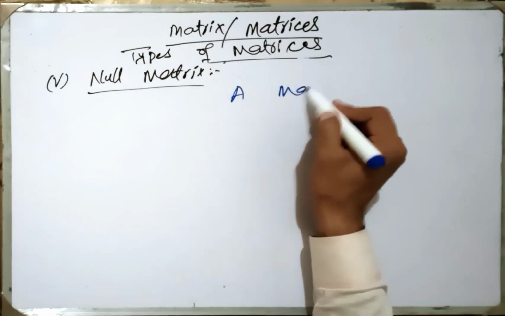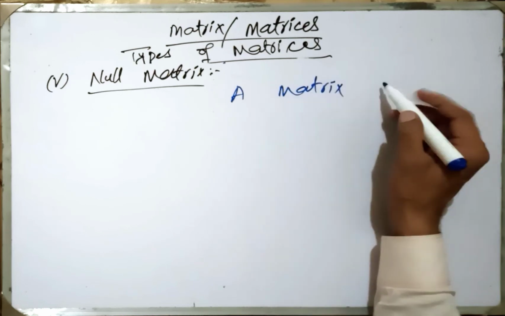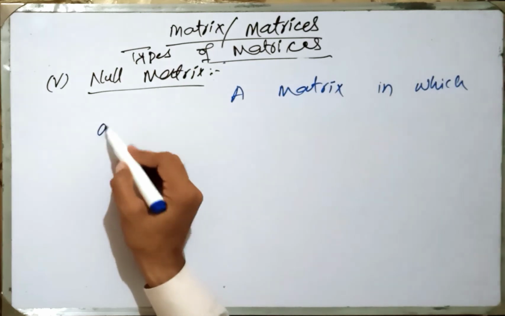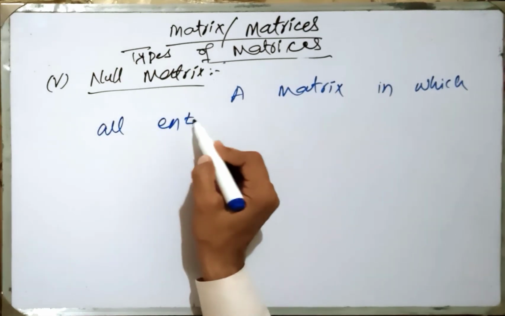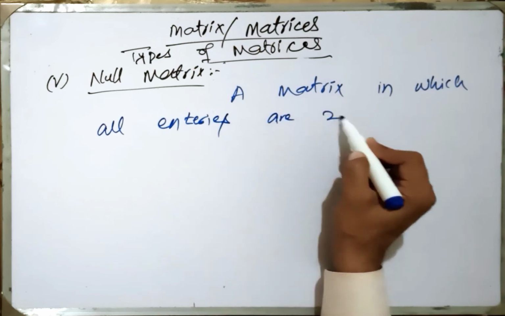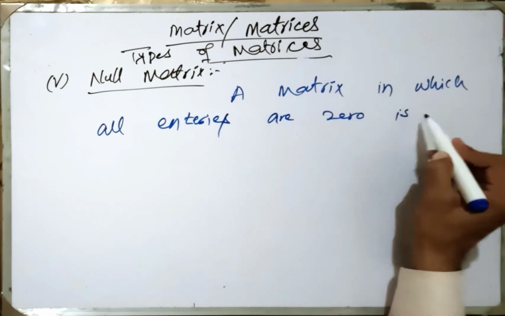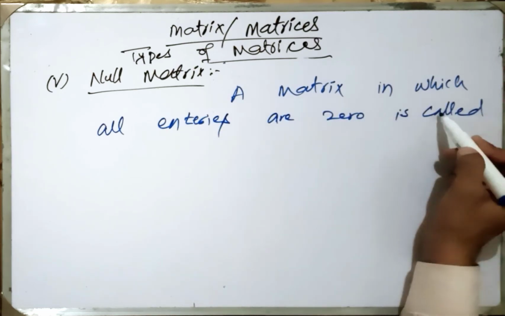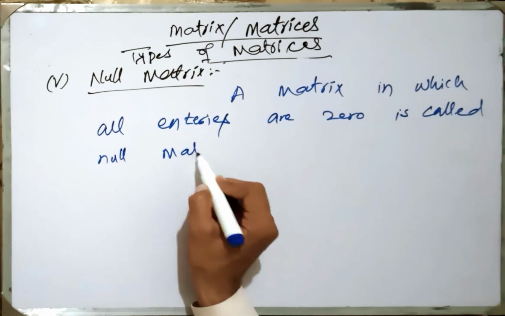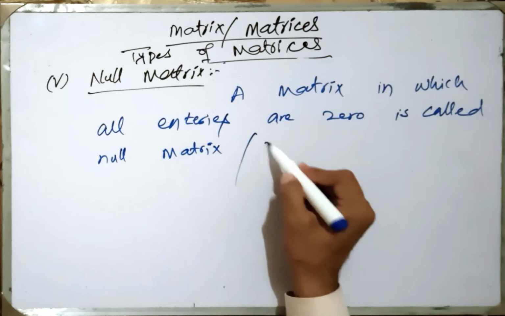A matrix in which all entries are zero is called null matrix or zero matrix.